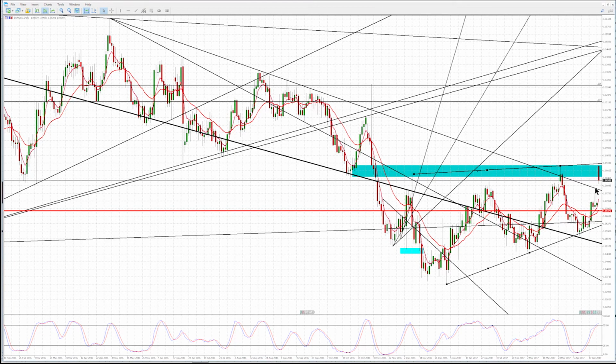And so right now, there's not enough information to really say with a high degree of certainty which way this will break. However, this is resistance, okay? And so to buy the euro or to sell the US dollar in this area is very dangerous. You're just going to have a lot of people looking to go the other way at this point.